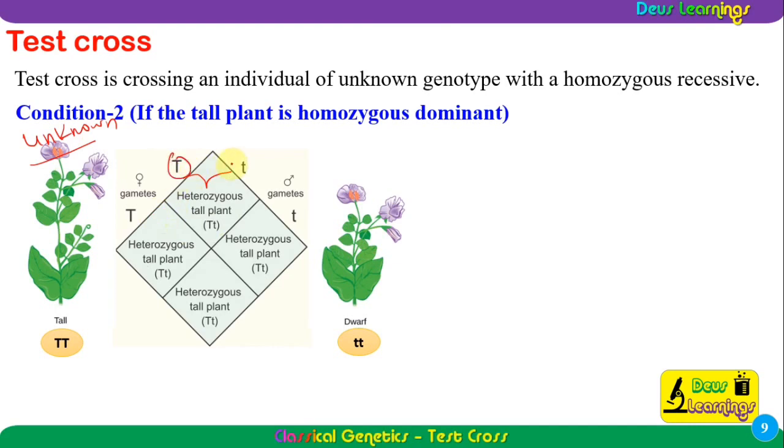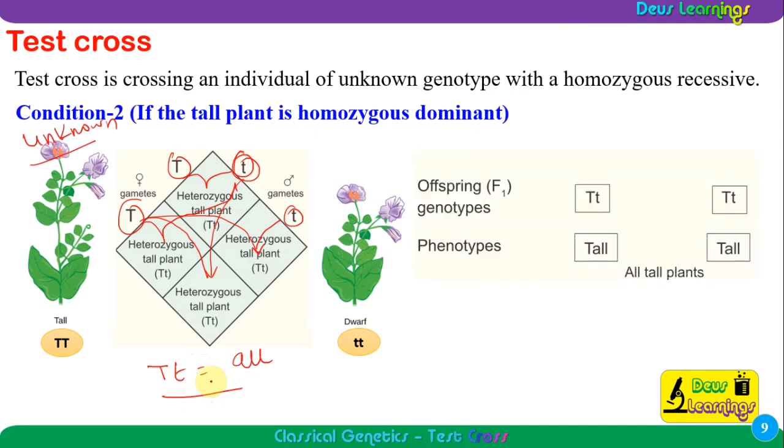Again, when we cross these two, and this one and this one, we get heterozygous dominant condition every time. So all individuals possess this character. That means all plants are tall, right?